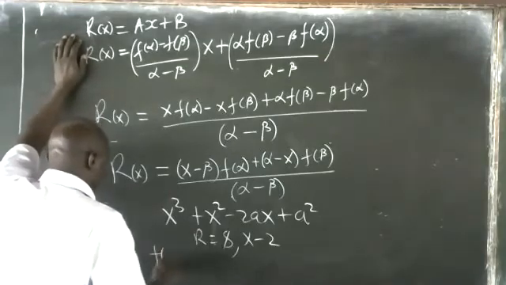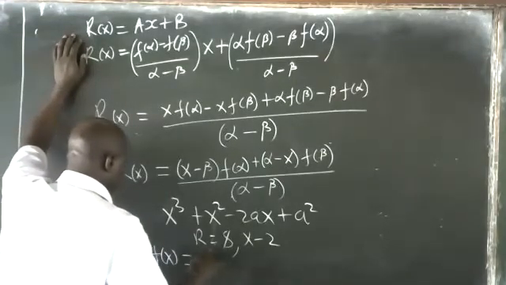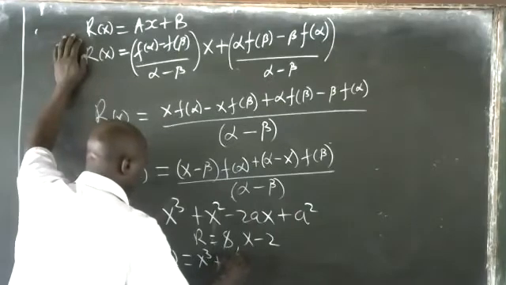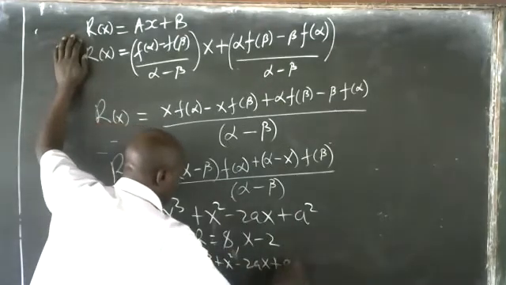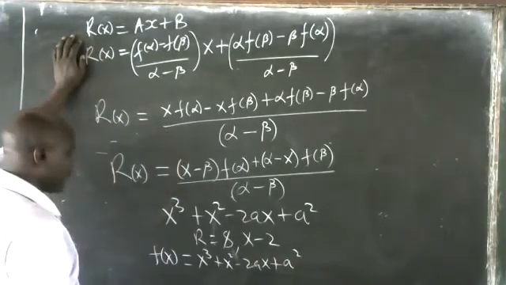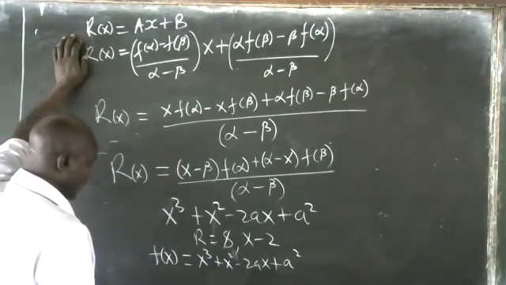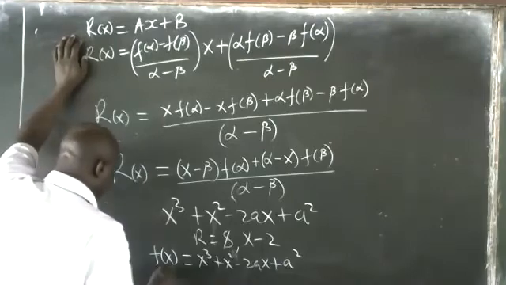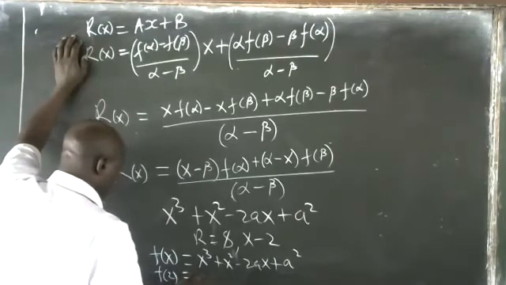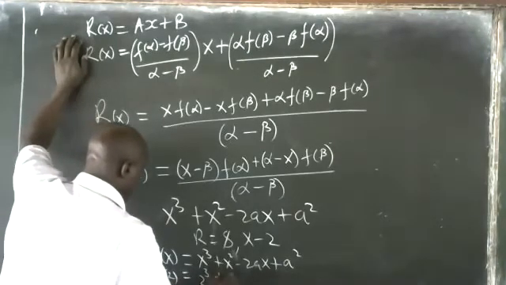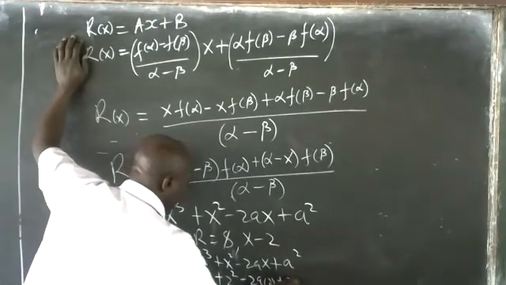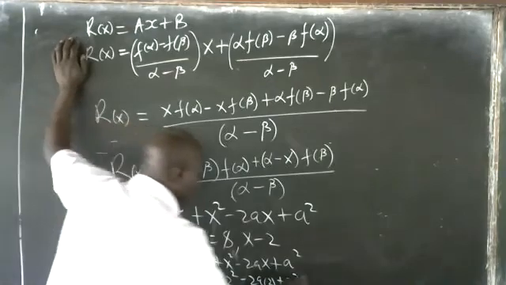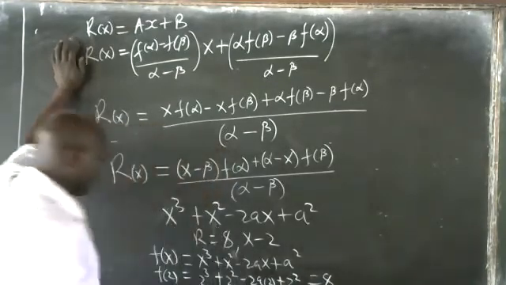If you have f(x) is equal to x cubed plus x squared minus 2ax plus a squared. So if we equate x minus 2 to 0, we shall have f(2) is equal to 2 cubed plus 2 squared minus 2a times 2 plus a squared, and this is equal to 8, the remainder.